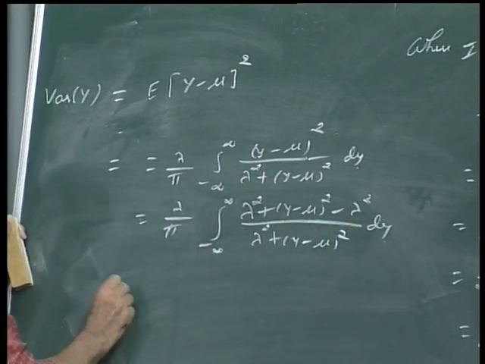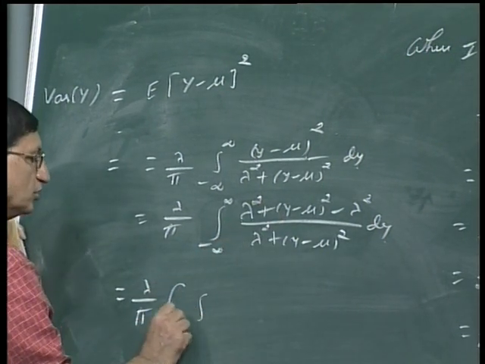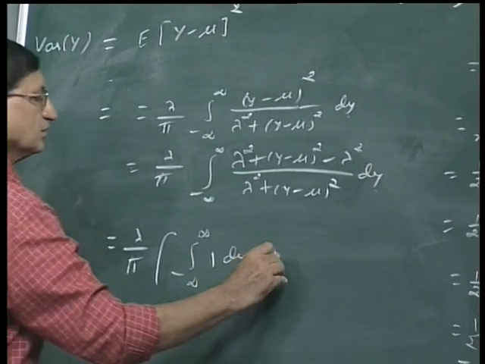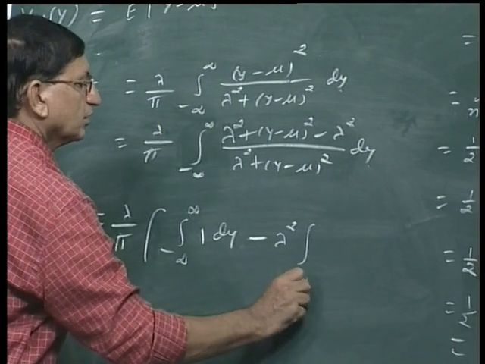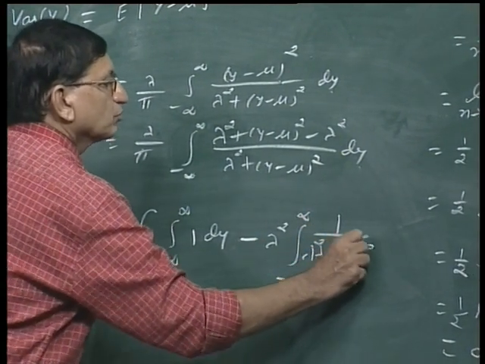So this is now lambda upon pi into this upon this, 1, so integral from minus infinity to infinity 1 dy minus lambda square integral 1 upon lambda square plus y minus mu square dy.